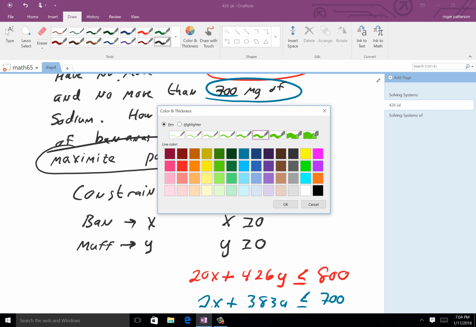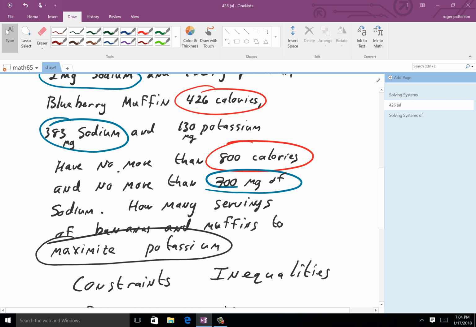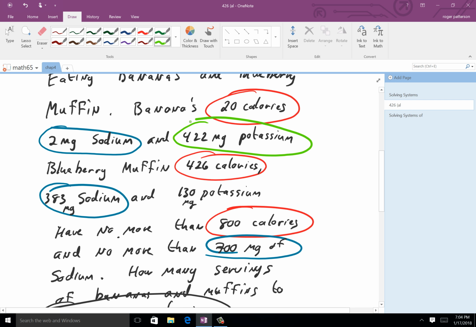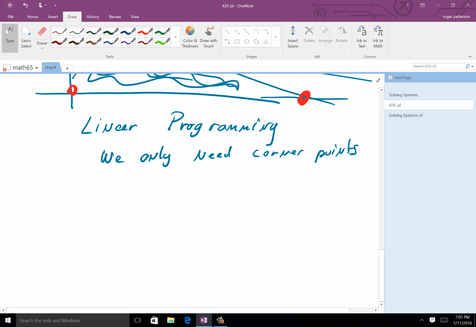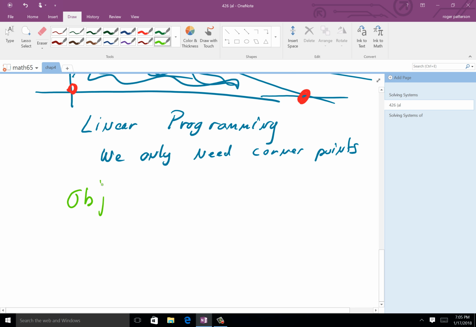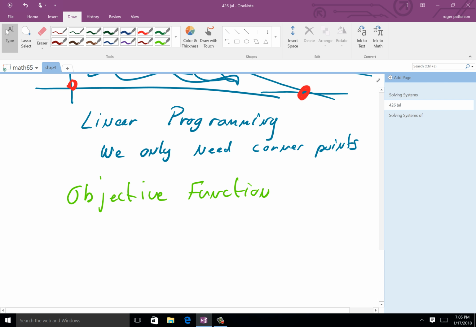All right, so let's see what we got here. We got 422 milligrams of potassium and 130 milligrams of potassium. So I'm going to come down here and write down my objective function, it's called, and it goes like this. Let's see, how much potassium is there in the bananas? 422, so it'd be 422x plus, how many did we get on the muffins?